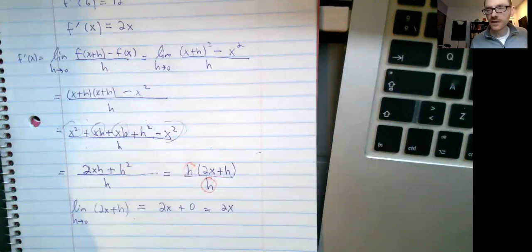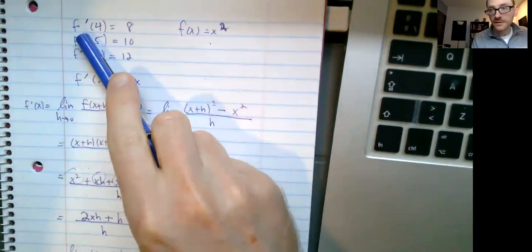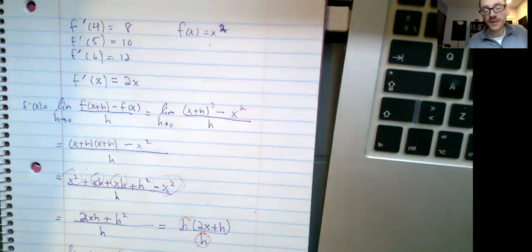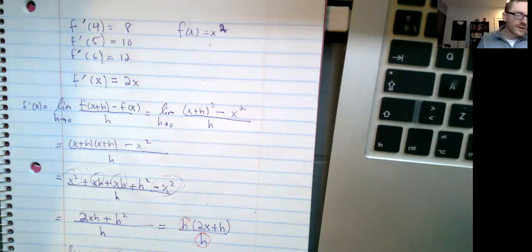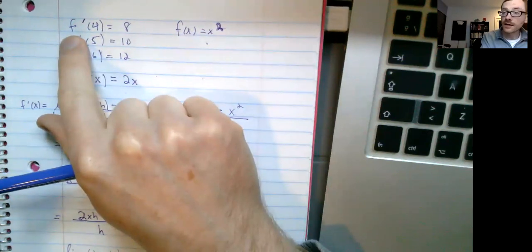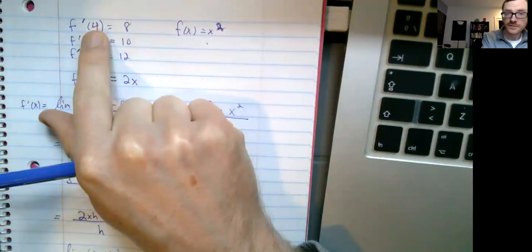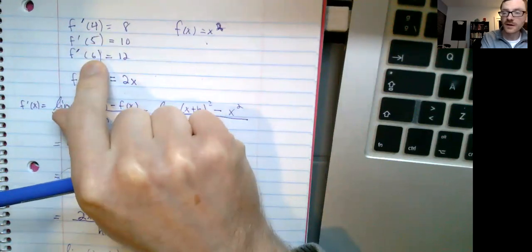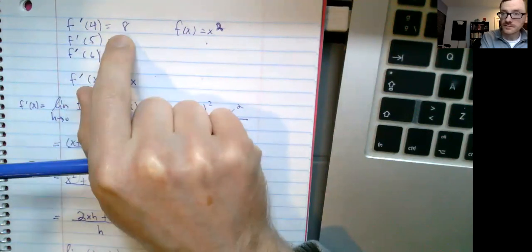Now, this is actually kind of a big deal, because here's the thing. If you compute the derivative of this function, and this leads into really what today's lesson is all about, and this is what exercise 4 is about, I actually don't think that I'll do all of exercise 4, but I do want to mention the discussion that's in exercise 4. If you compute the derivative at a specific number, like 4, or at 5, or at 6, then you get a number, right?